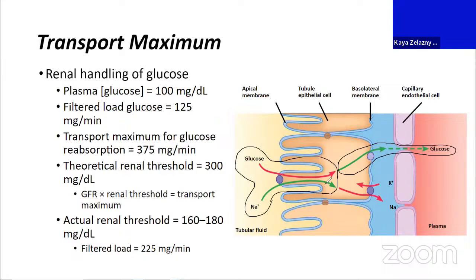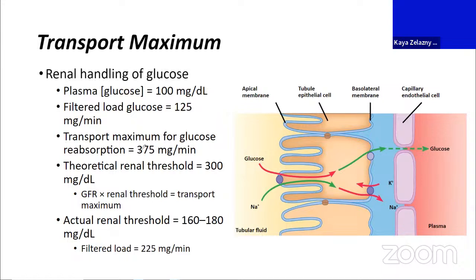Remember in these diagrams from your textbook, when there's a green arrow, it's telling you that's a passive direction, with the gradient. If there's a red arrow, it's telling you that's going against a gradient. So we can see that we had to use energy to get glucose into the proximal tubule renal epithelial cell, but to get glucose from that cell into the capillary, we didn't have to expend any energy. Okay.